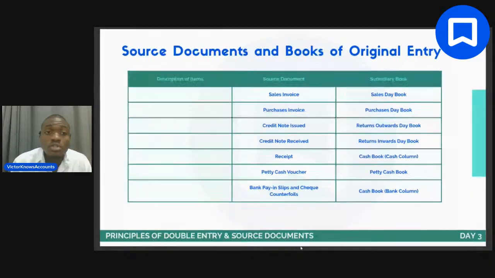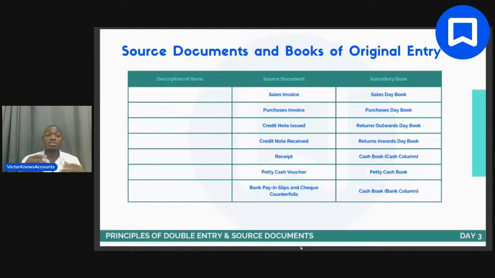So the description of item. Source document is sales invoice. Let me start from the back, then we'll work it back. The first subsidiary book here is the sales day book. The relevant source document is the duplicate of the sales invoice. The description of item is credit sales.